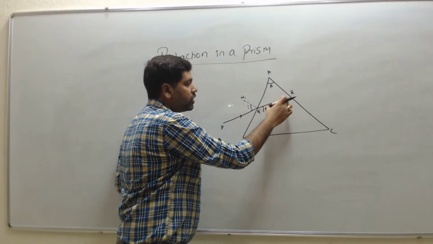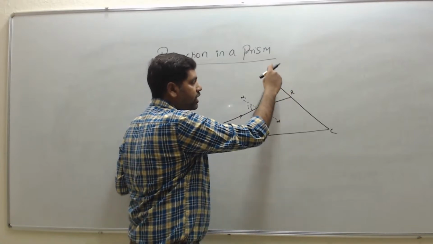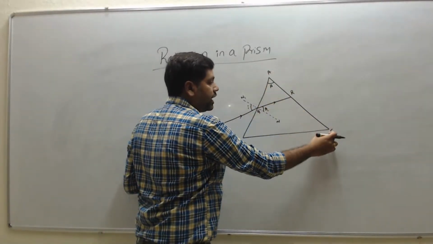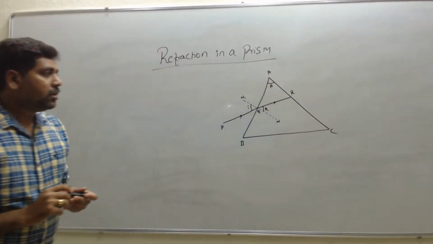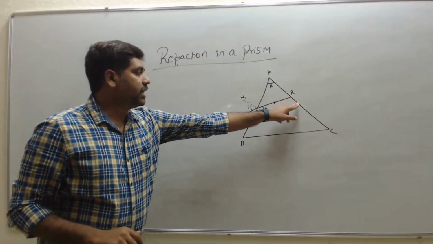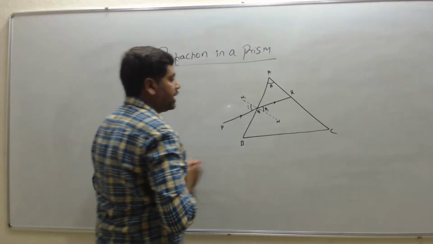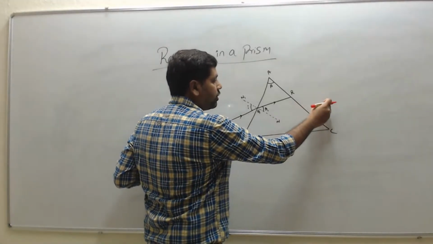This refracted ray QR behaves as the incident ray for the second surface, that is, for the surface AC. So QR is the incident ray for the second surface, and the light travels from the denser medium to the rarer medium.